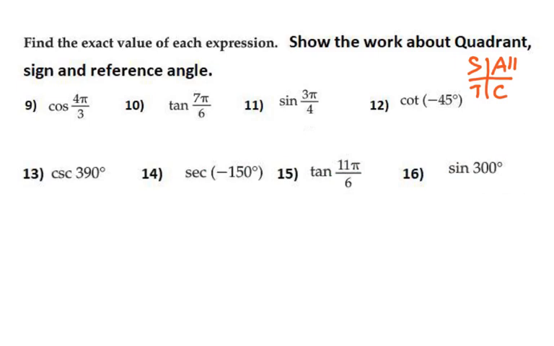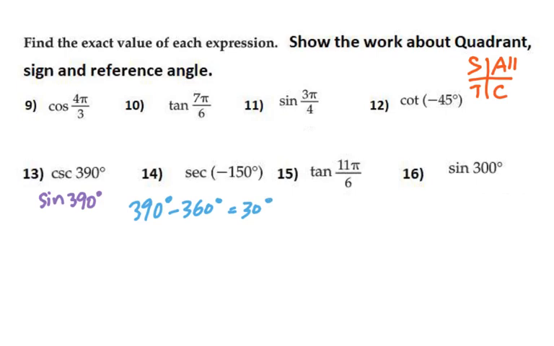Cosecant 390 degree. So we have to do sine 390 degree first. 390 degree is greater than 360. Therefore, I need to do 390 degree minus 360 degree. That's a 30 degree.